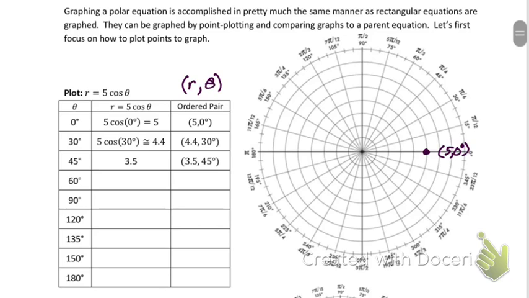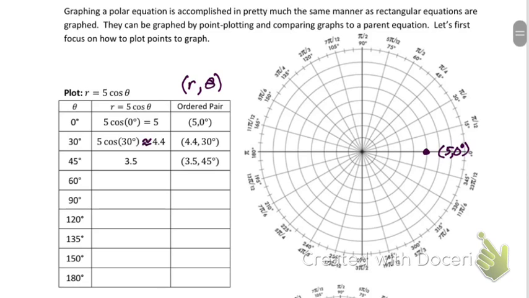The next angle they look at is 30 degrees. So 30 degrees is my theta value. We plug 30 degrees into it, and 5 times cosine of 30 degrees is about 4.4. Is yours an about symbol or a congruent to symbol? It should be an about symbol. It's about 4.4, so that's the point 4.4, 30 degrees.